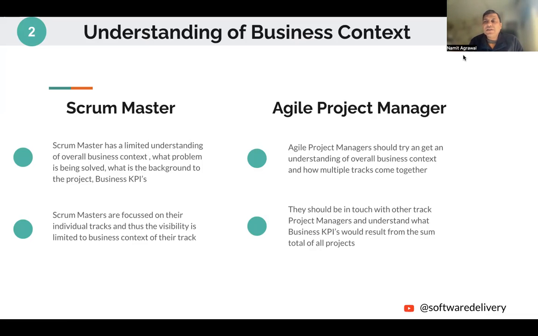As we all understand, software delivery today is not only about delivering the contract but adding value to the customer and having a very strong understanding of what KPIs the customer is trying to impact as an outcome of this project.